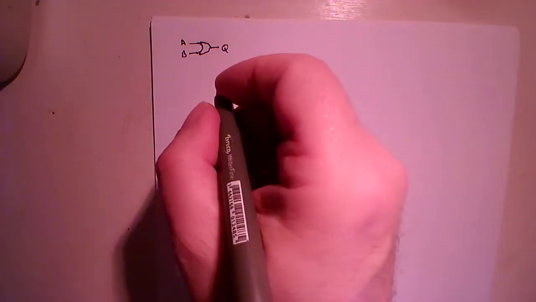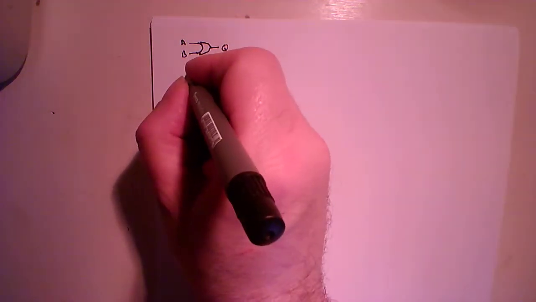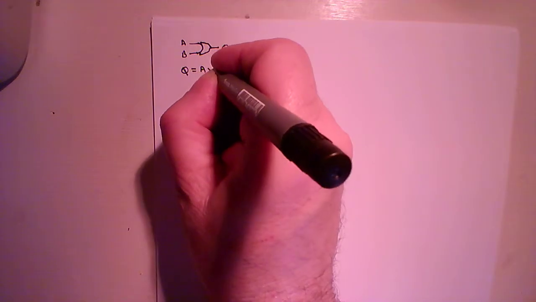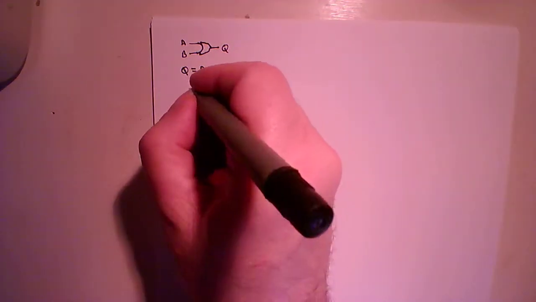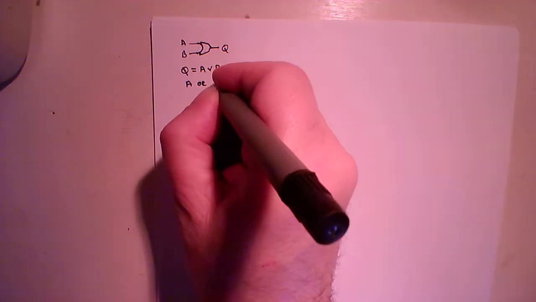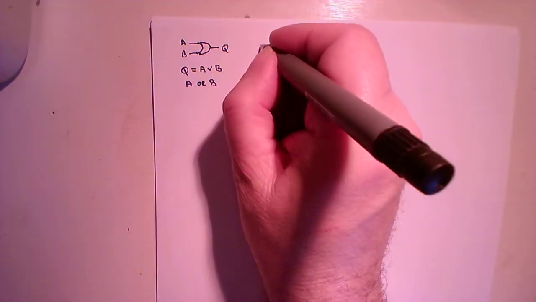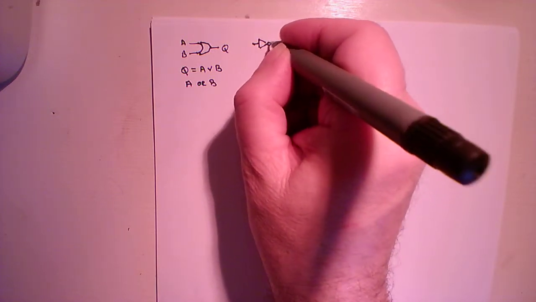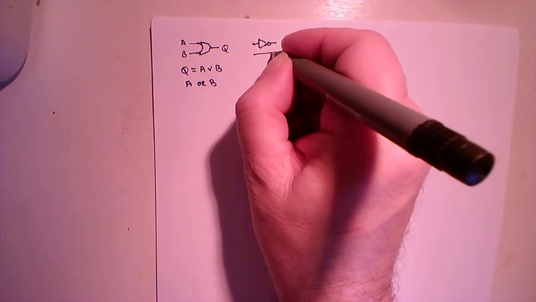Yeah, we've done OR gates, just checking. So in algebra this would look like Q equals A or B, and in programming we would just have A or B. The second one is where I'm going to insert the NOT gate on the first input.